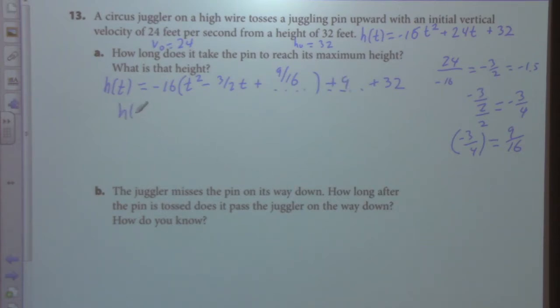So now we have h of t is equal to negative 16, and we're going to have t minus what? 3 over 2, divided by 2. So 3/4. We square that, and what goes outside here? The plus 9. 9 plus 32? 41.